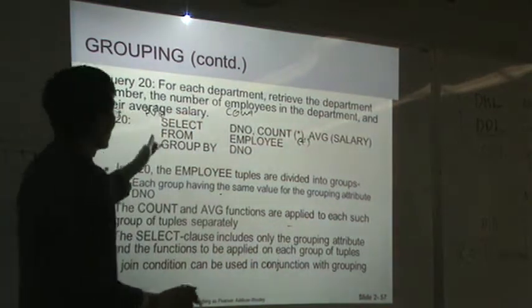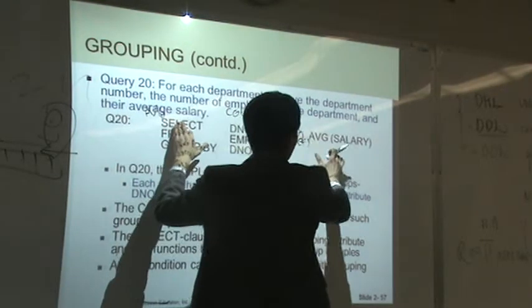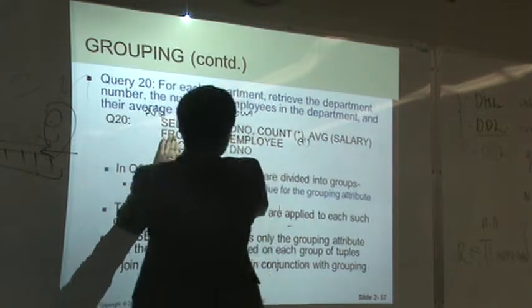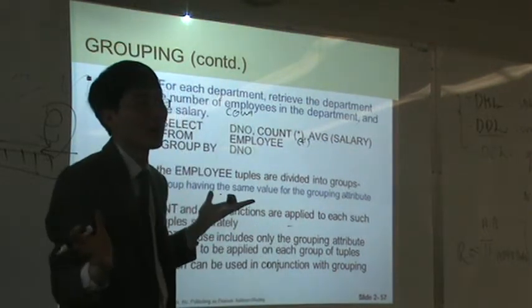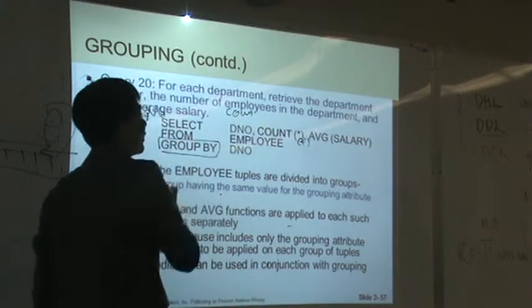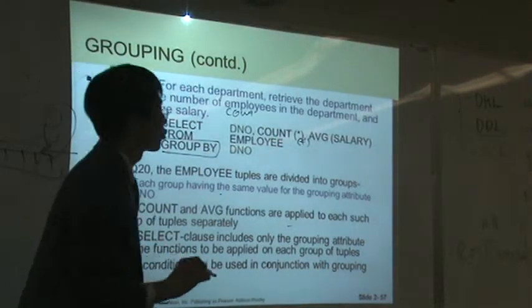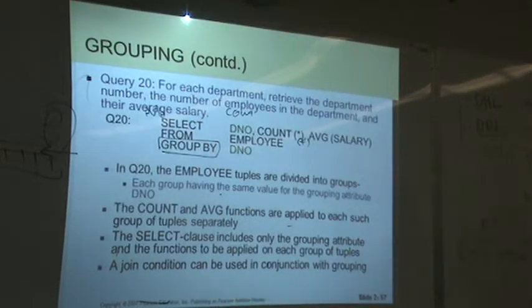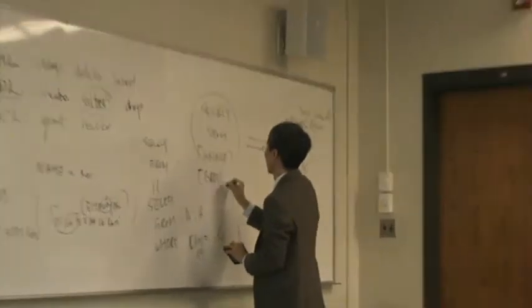How can we do that? Select count, select average salary from employee by what? Here. So we are going to have one more clause, that is GROUP BY. Select from where, then group by.